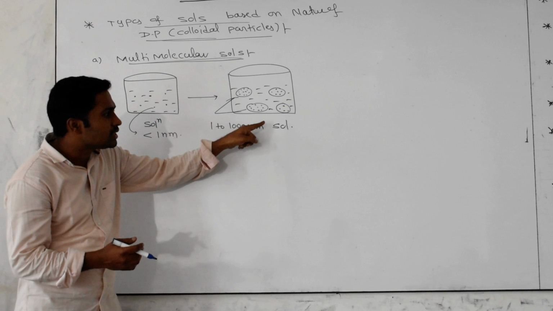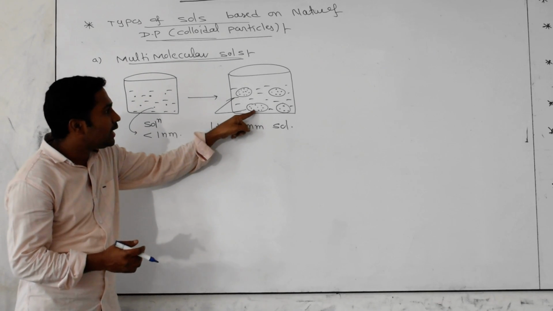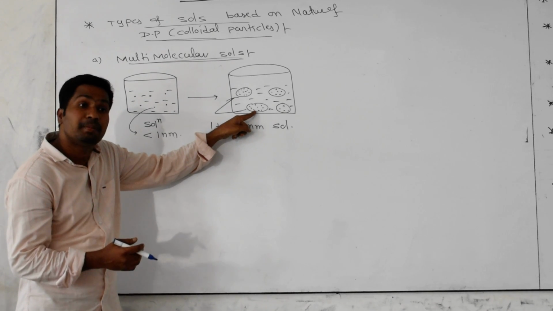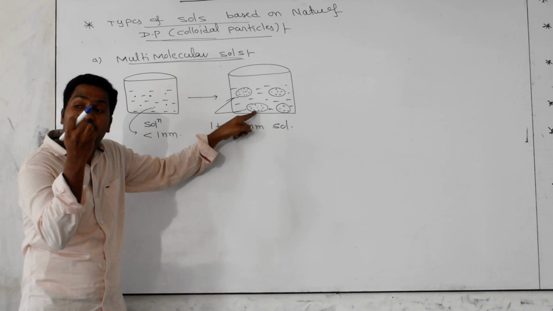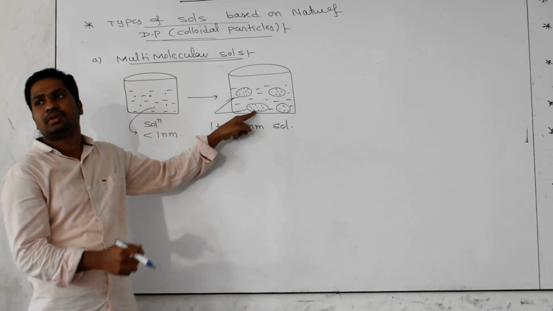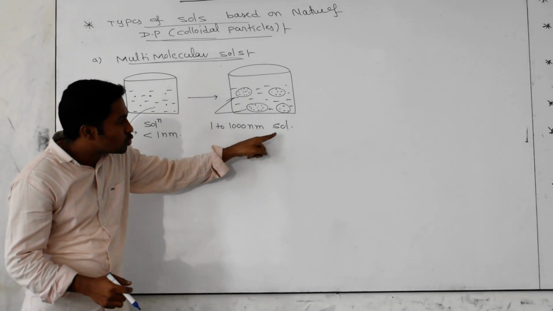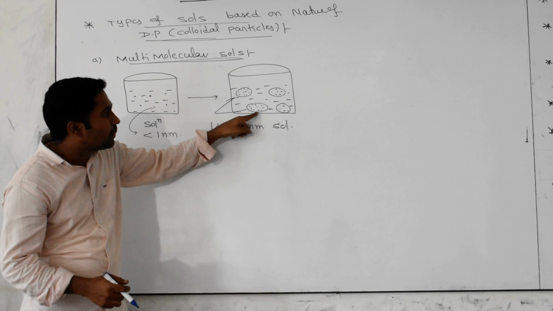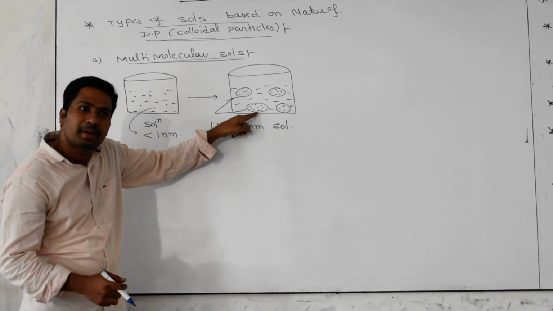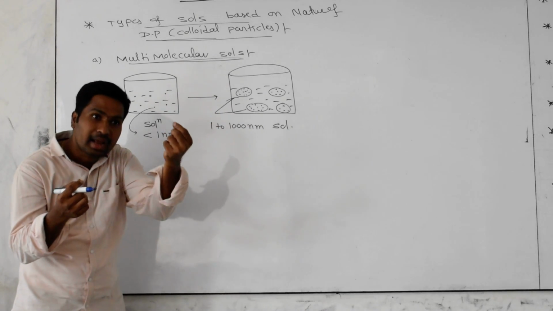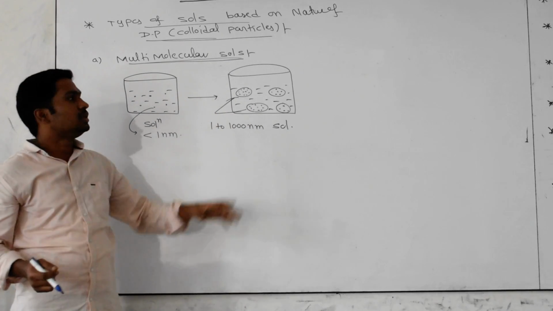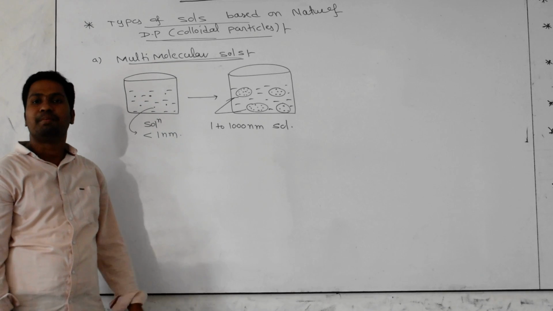A multimolecular sol is a sol in which colloidal particles are formed by aggregation of so many smaller atoms or molecules. Such a sol is called a multimolecular sol.